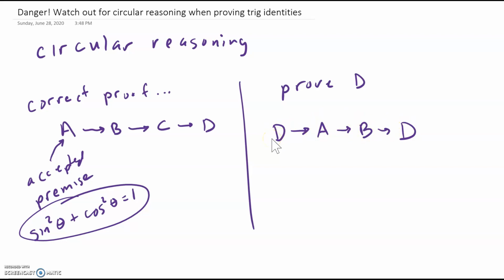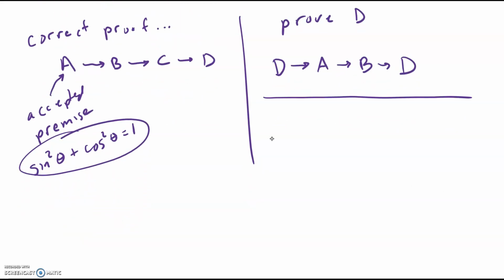Here's a very simple example from basic arithmetic. Prove that -1 equals 1. Of course that's not a true statement, but using circular reasoning, you can prove this is true. Here's how you do it. You say, -1 equals 1.